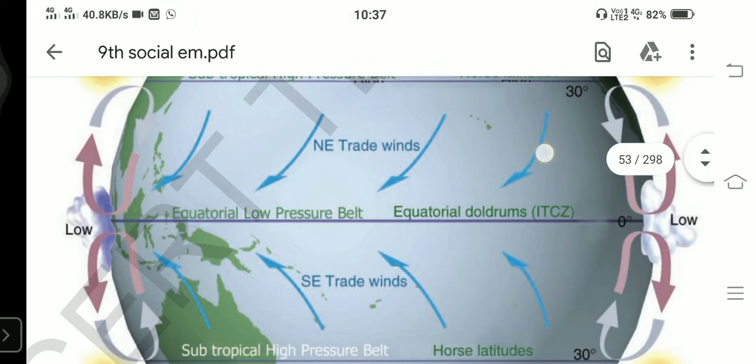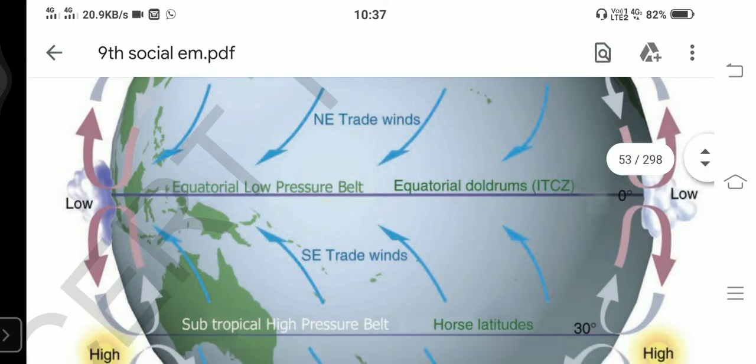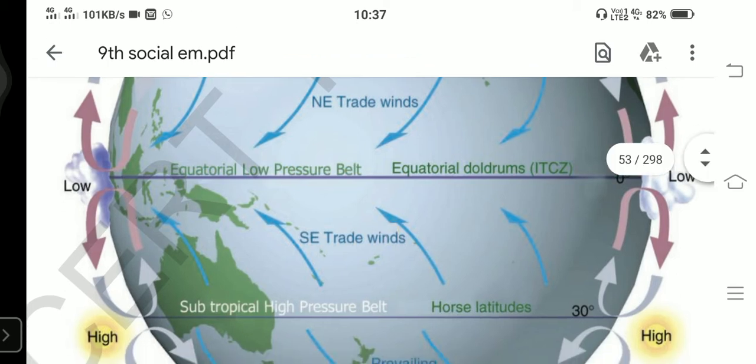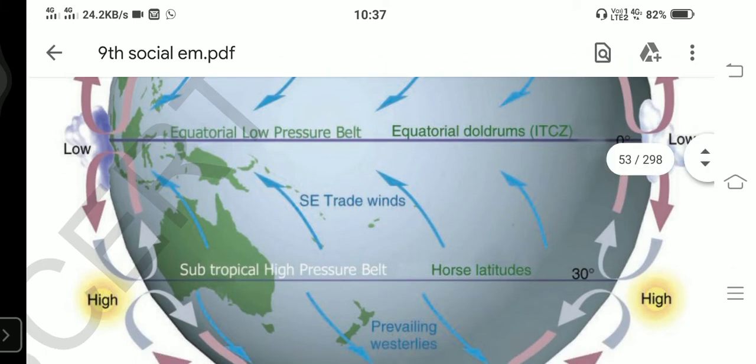And hydrosphere is related to water. So the impact of lithosphere and hydrosphere on atmosphere causes pressure and wind systems. These winds play a very important role in transporting heat and moisture across the world. You know, we already discussed that winds blow from high pressure belt to low pressure belt.